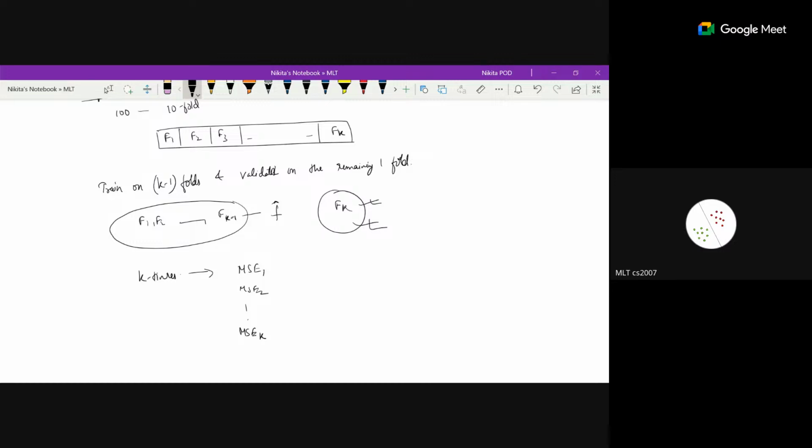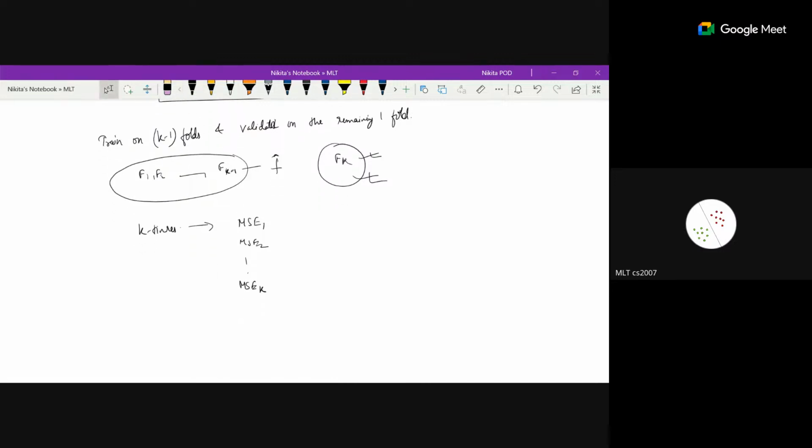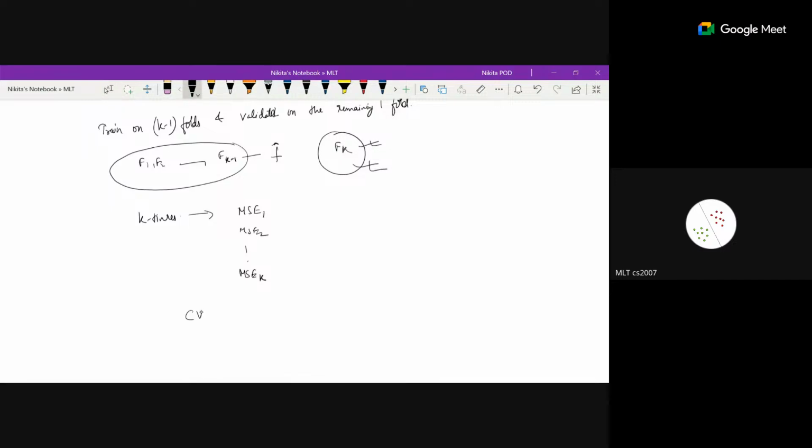The cross validation estimate of k-fold cross validation is nothing but the average of all these mean square errors: 1 upon k times the sum of MSE j, where j varies from 1 to k.